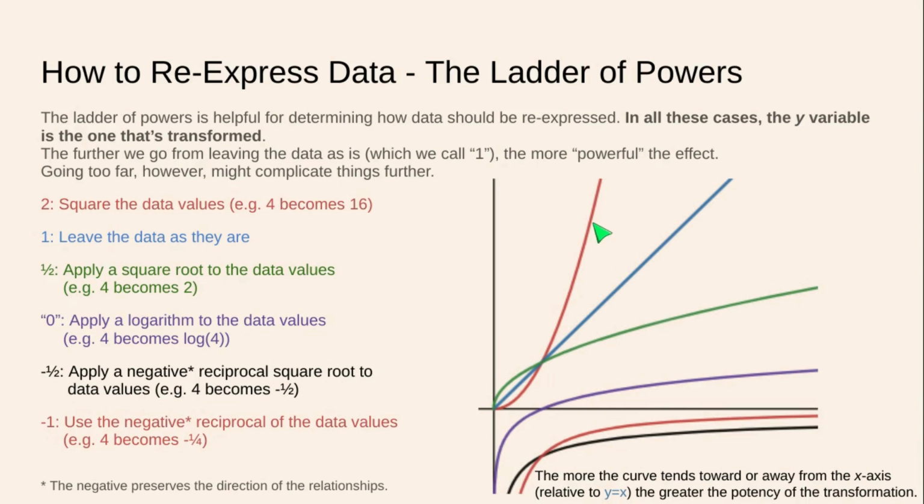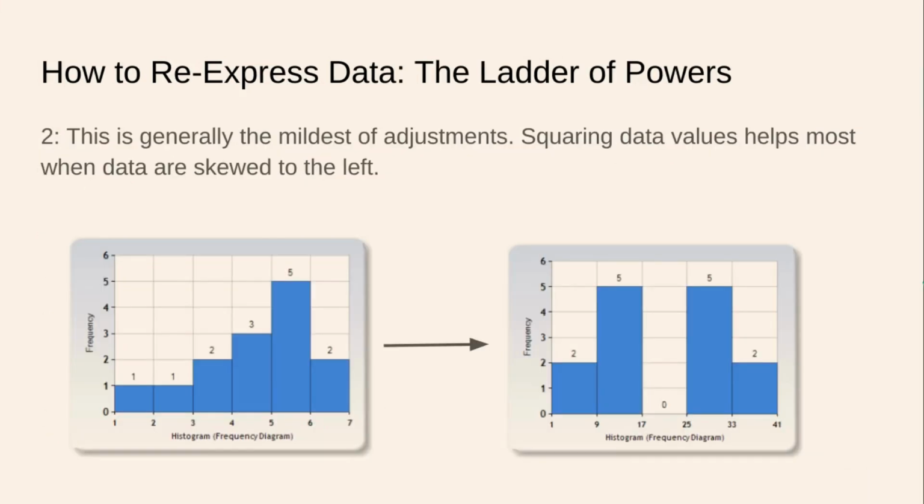And a transformation that involves going further from the x-axis or toward the x-axis, or really, really toward the x-axis, or really, really, really toward the x-axis, those are transformations that can make our data straighten out.